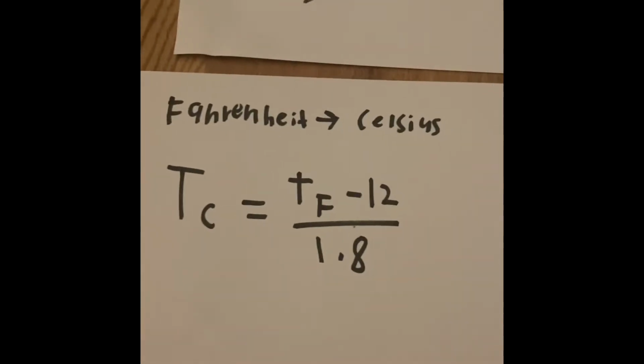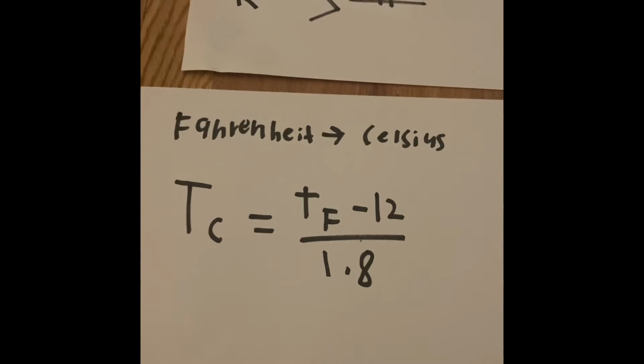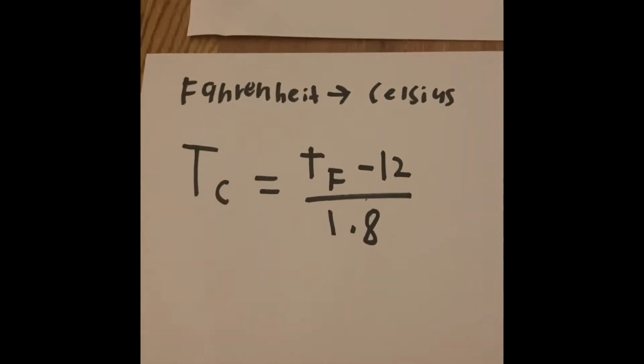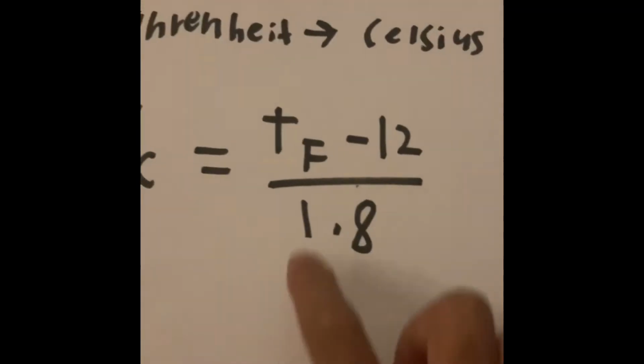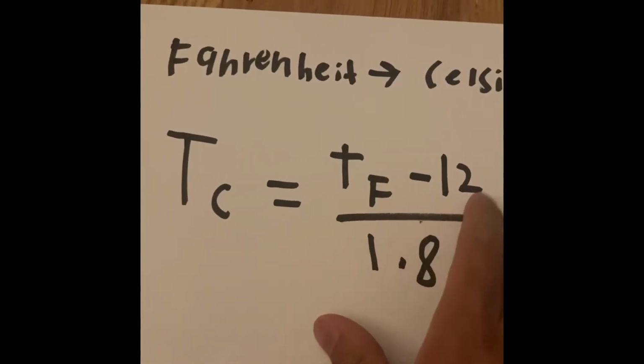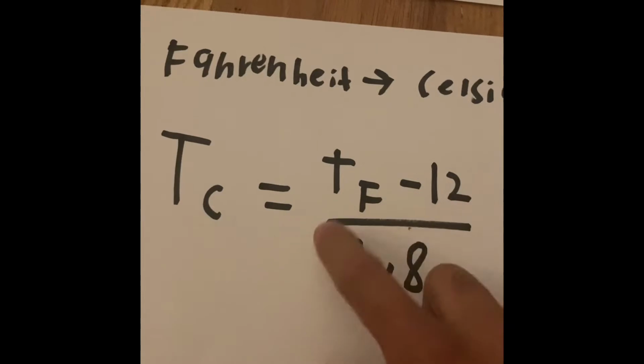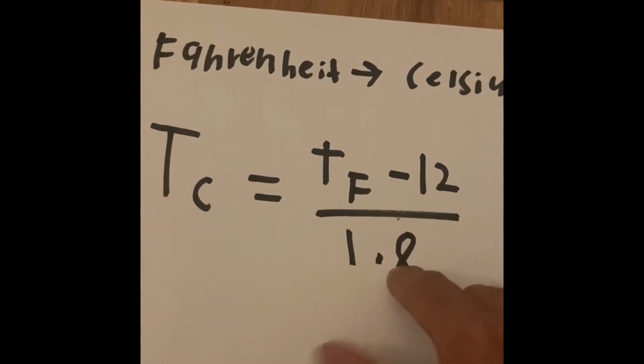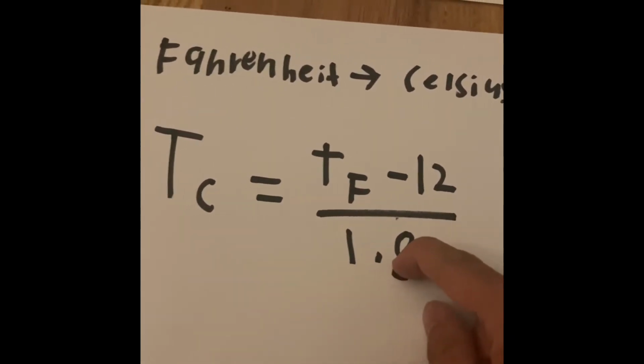So here's Fahrenheit to Celsius. When you are trying to convert this into Celsius, you would put your measurement in Fahrenheit right here. Then you'd have to subtract 32, then divide that by 1.8. And that will give you your temperature.